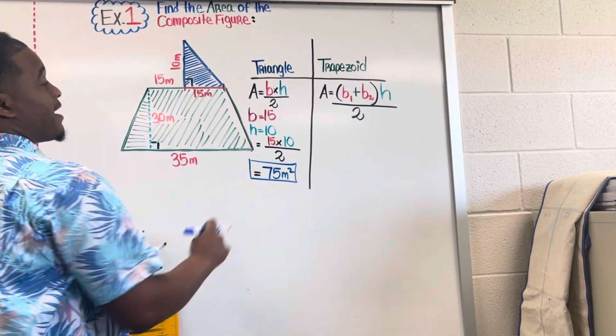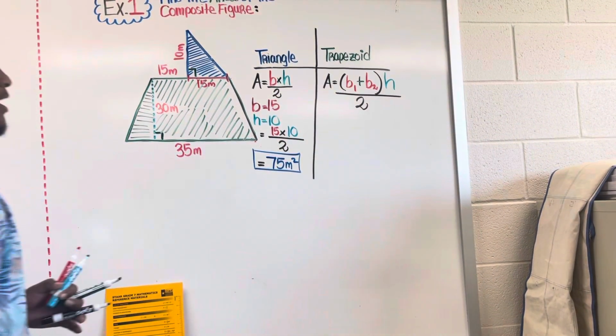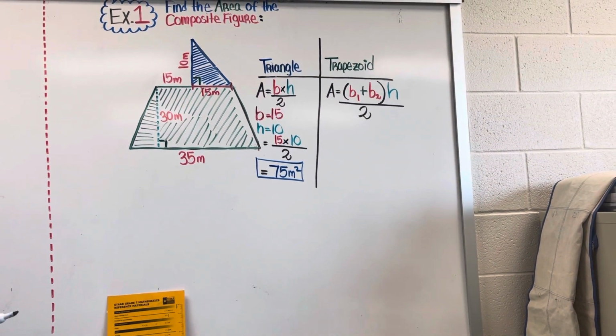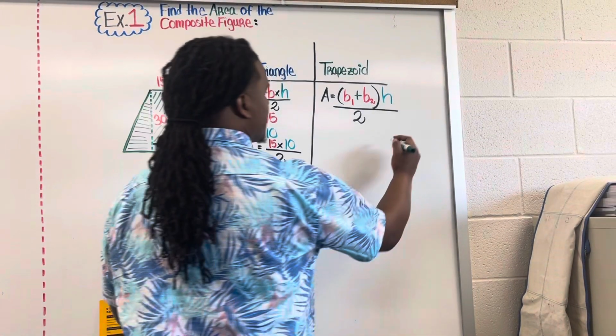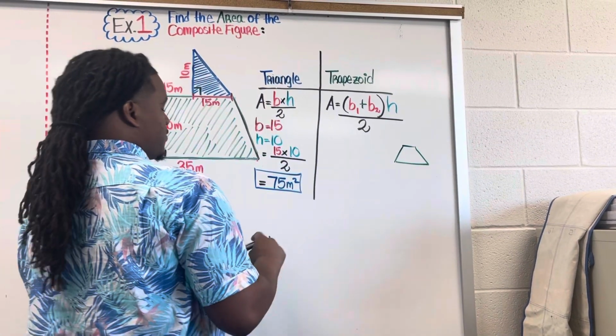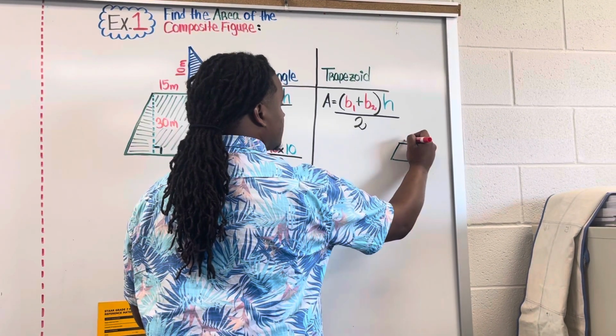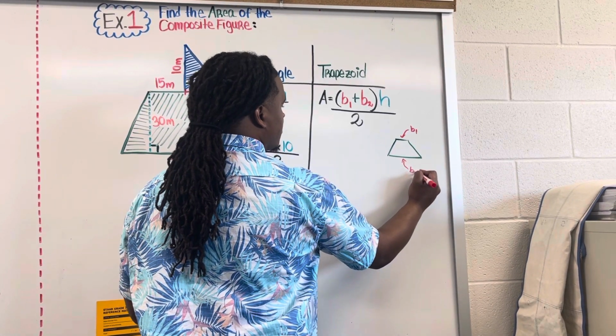Okay, but remember, that's not our final answer. That is just the area of the triangle, okay? Now we have to figure out the area of the trapezoid, okay? Now I'm just gonna draw a little trapezoid over here. Now I just wanna identify each part. Base 1 is the top base, base 2 is the bottom base, or they're interchangeable.